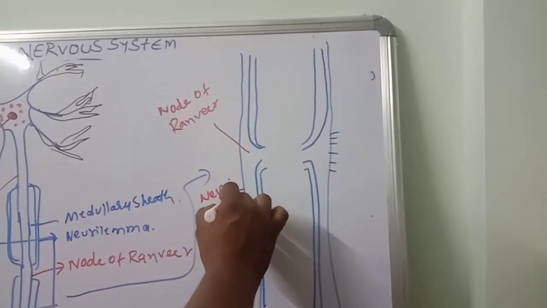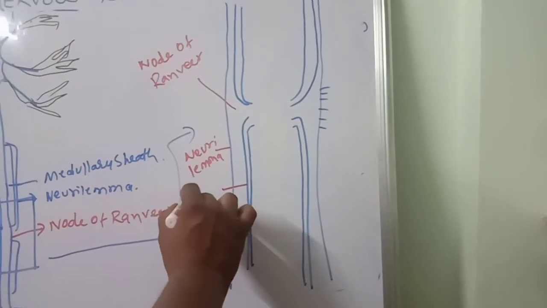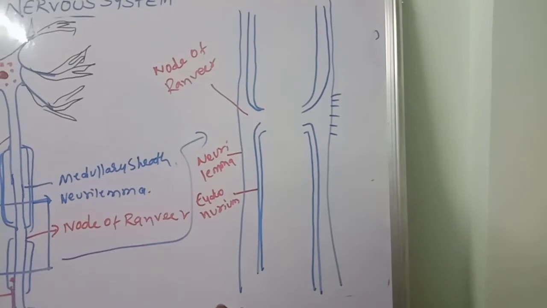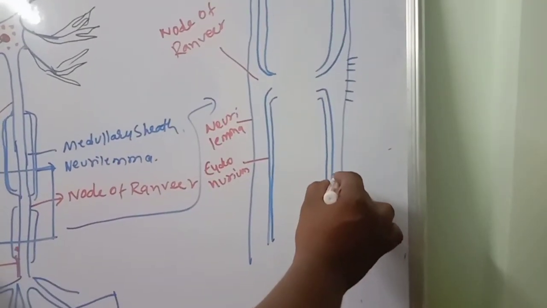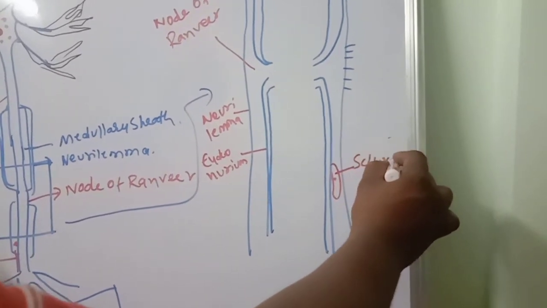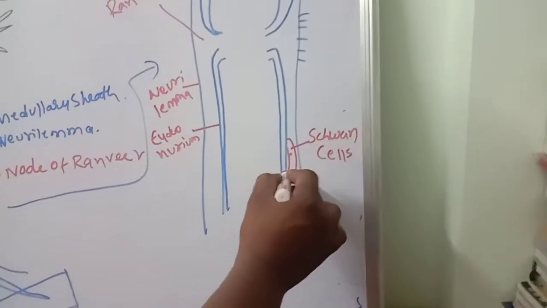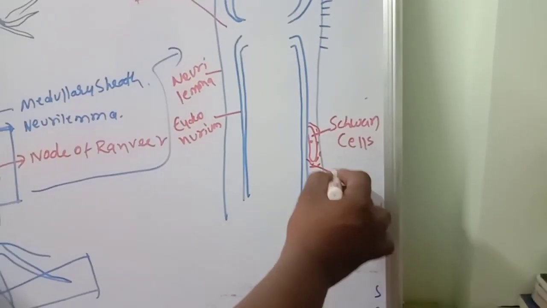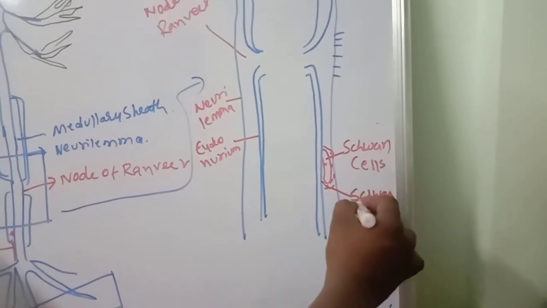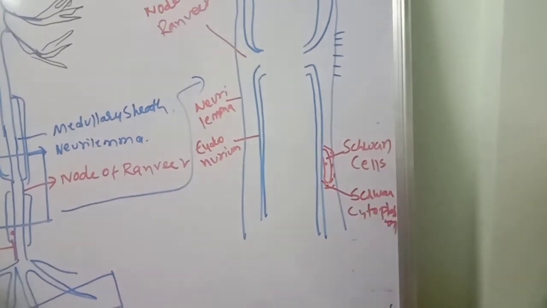This is called the endoneurium. These are the sheets. And particular cells are there, you know very well, Schwann cells, which contain cytoplasm. That cytoplasm is called Schwann cytoplasm.